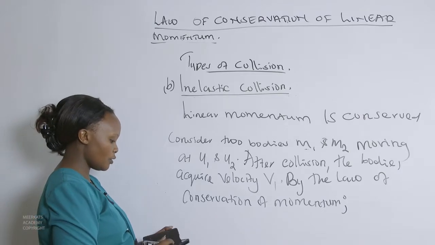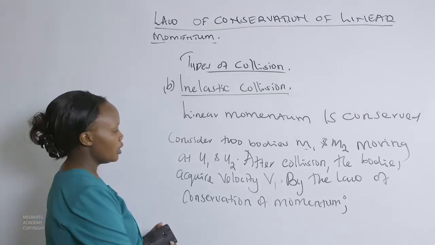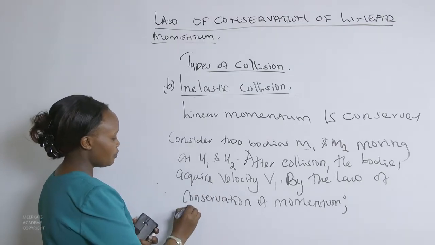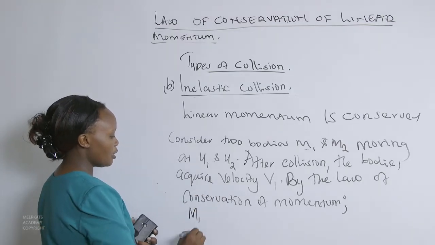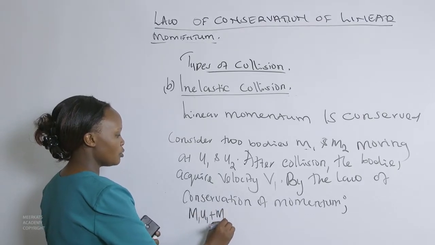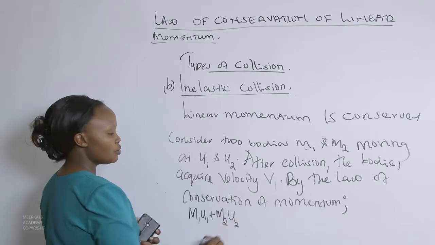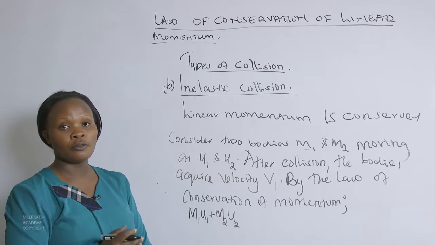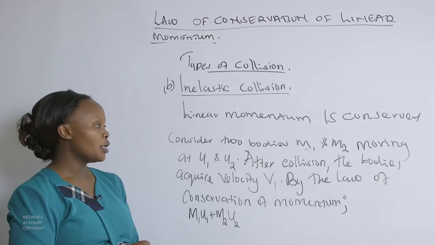Now, by the law of conservation of momentum, momentum before is going to be given by m1 u1 plus m2 u2. That is the total momentum before collision.